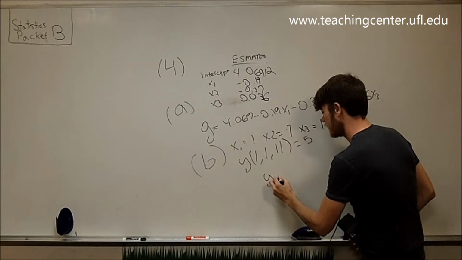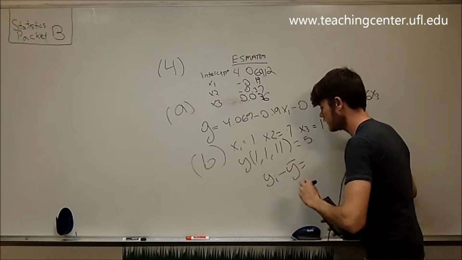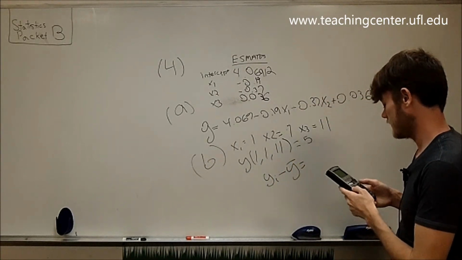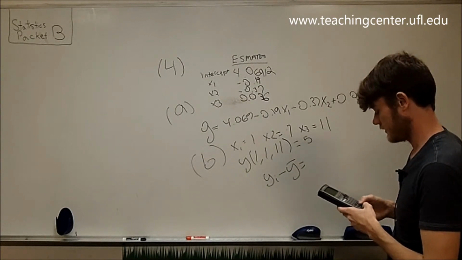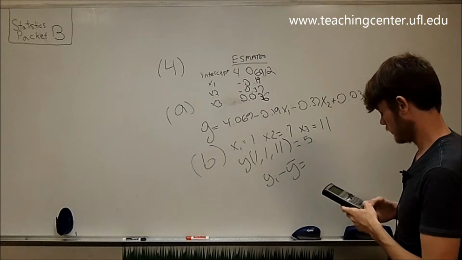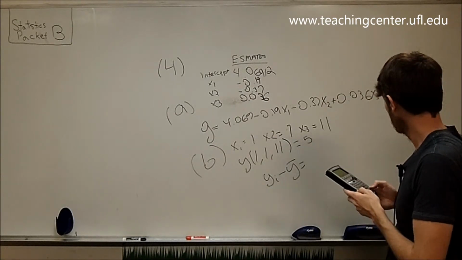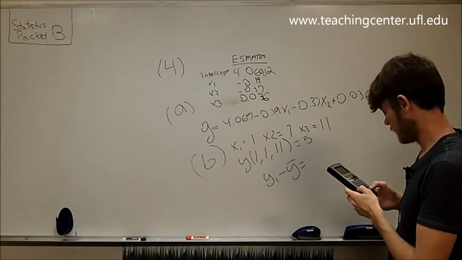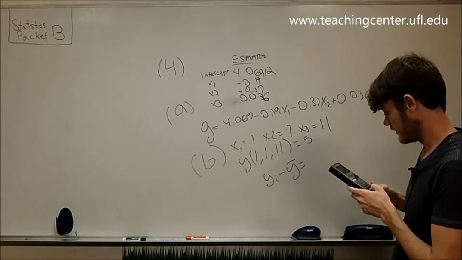y i minus y hat equals, let's see, 4.069 minus 0.19 minus 0.37 plus 0.036 times 11.